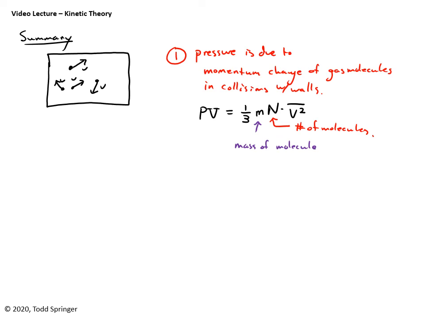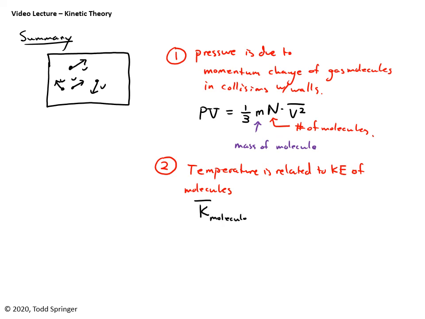And then the other important thing we learned was that temperature was related to the kinetic energy of the molecules. A very important formula there was that the average molecular kinetic energy is 3/2 k_B T. And you can also learn about the speed of the molecule by using 1/2 m v squared averaged.